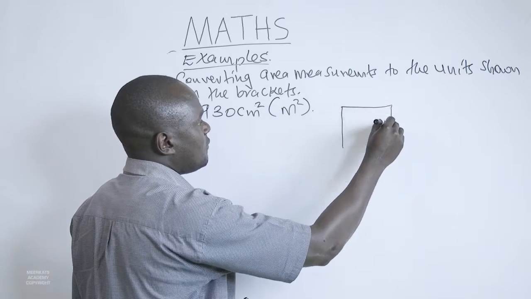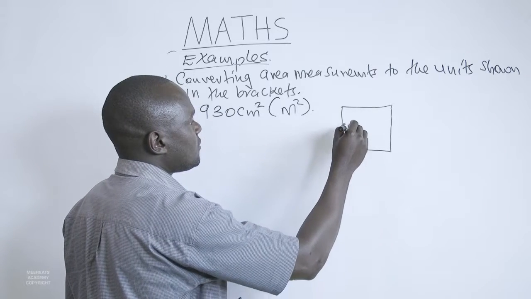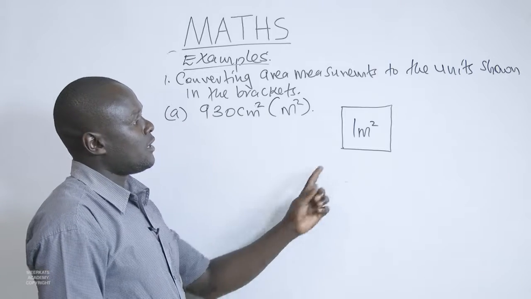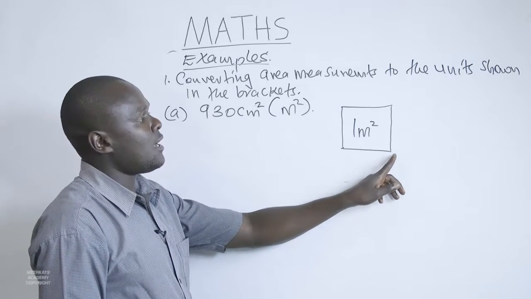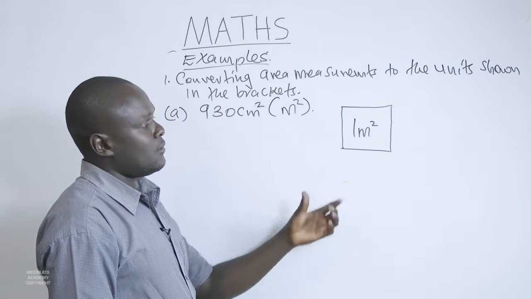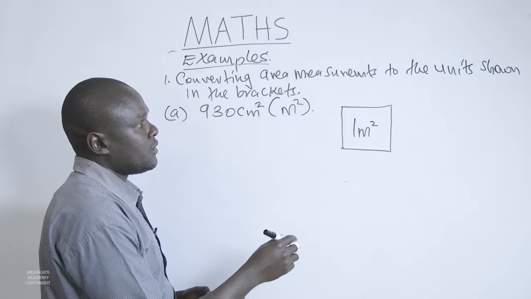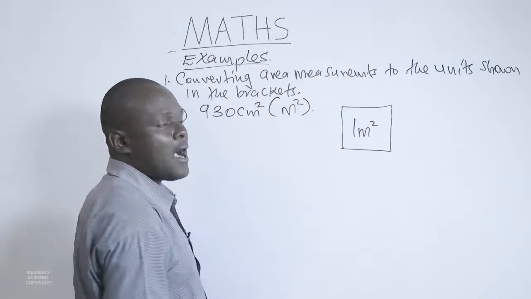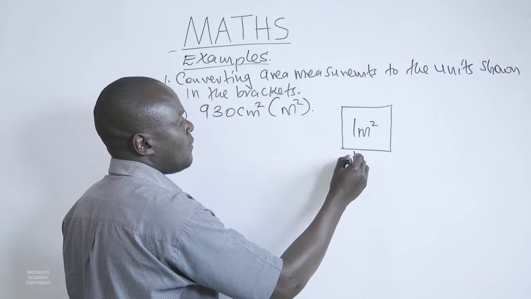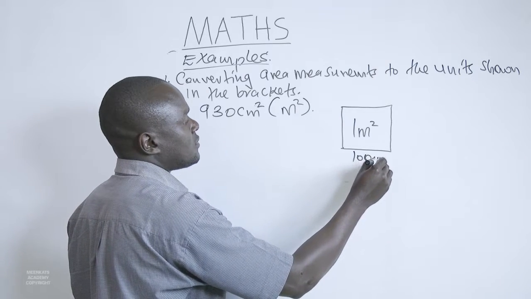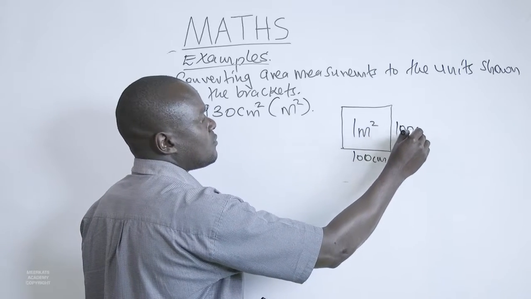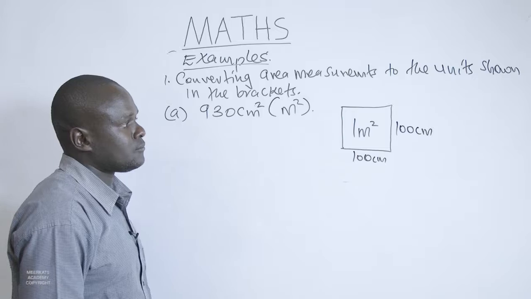And even before we do that, what we ought to know is that if we have an area like this to be 1 square meter, it means the length is 1 meter and the breadth is also 1 meter. The length being 1 meter, we can replace it with centimeters. How many centimeters make up 1 meter? That is 100 centimeters. The same should be done here. This is 100 centimeters.